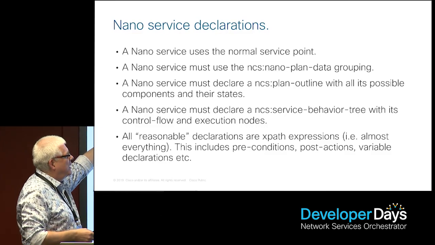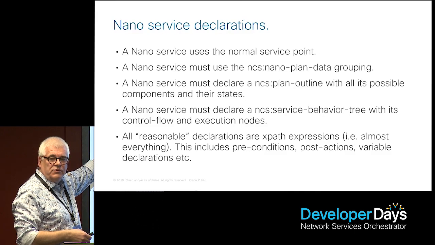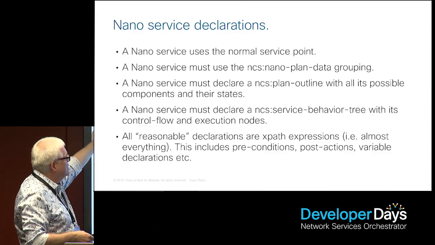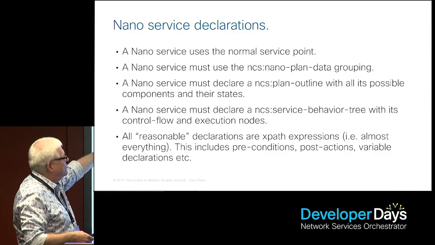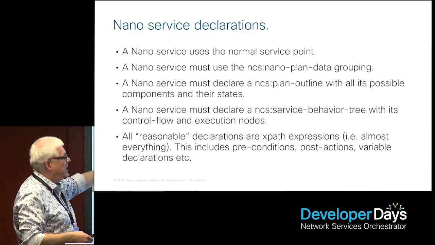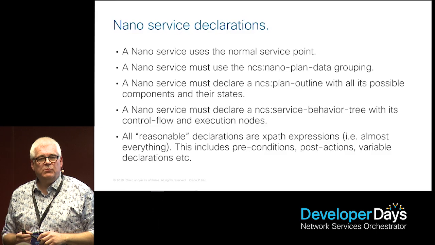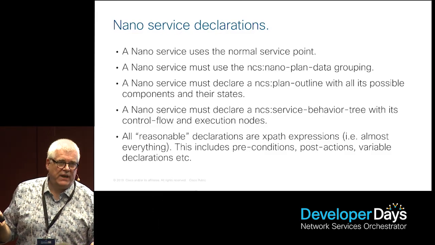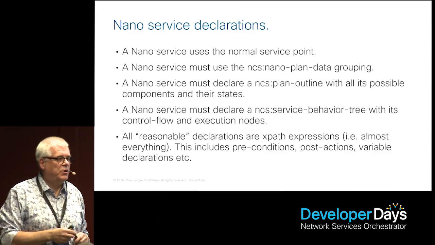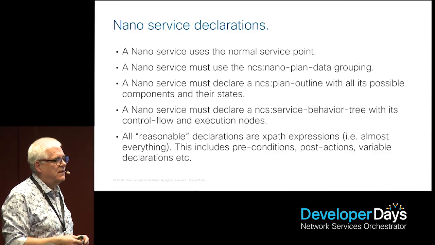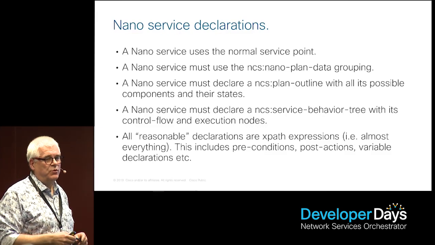It more or less defines it as a nano service when you use that grouping. And then you need to have the Yang extension used to declare a plan outline and a behavior tree. So you really always need to have a behavior tree.